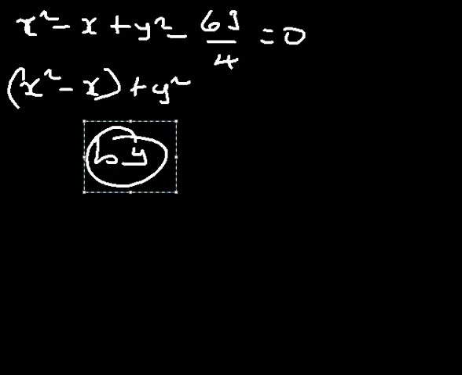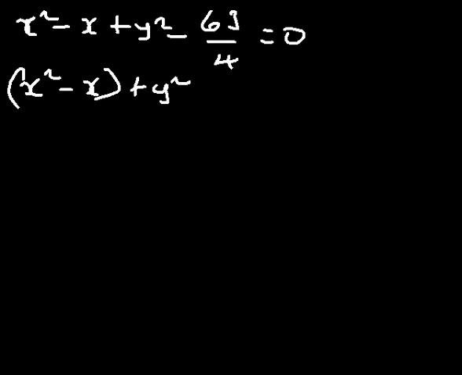So you have to include that as a 0, plus 0y, which is equal to positive 63 over 4.